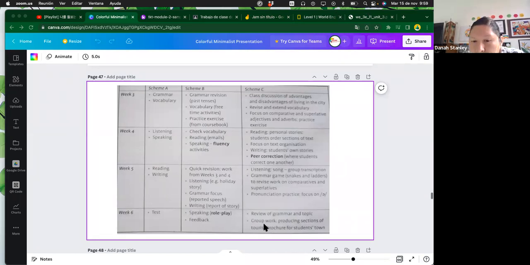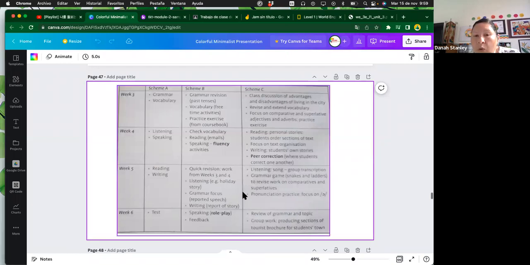what do here? Producing sections of tourist brochure for students town. They are going to make a brochure. But I need to include all the activities. What is the grammar?